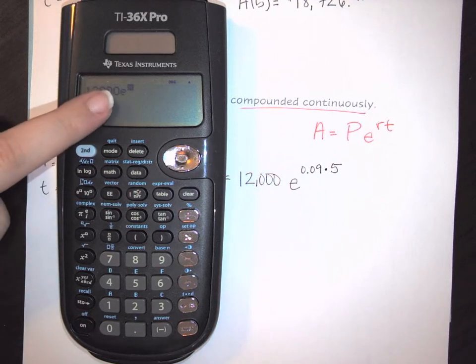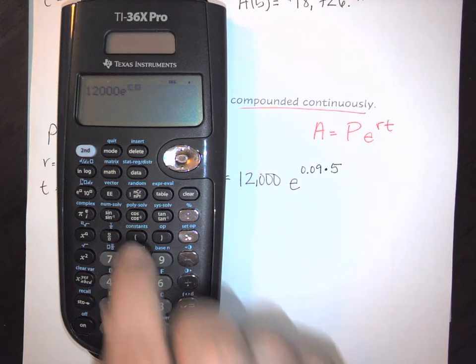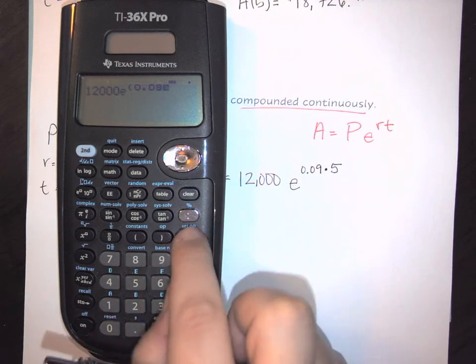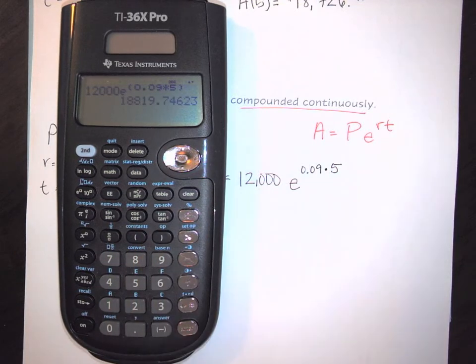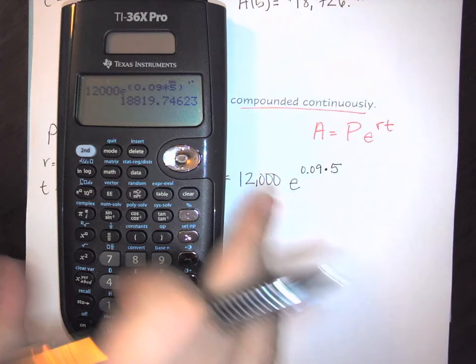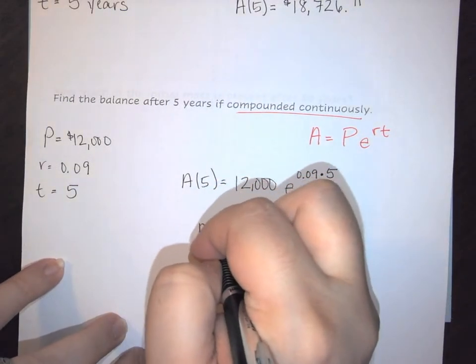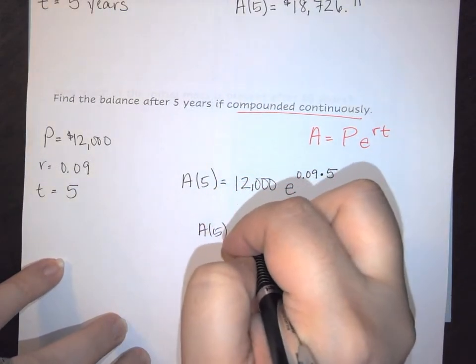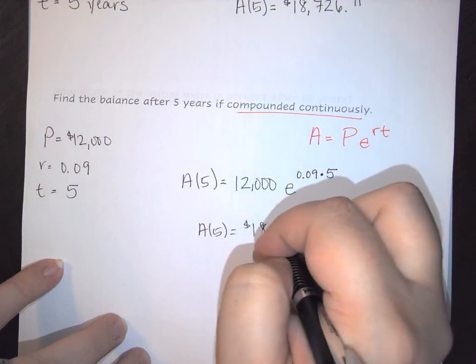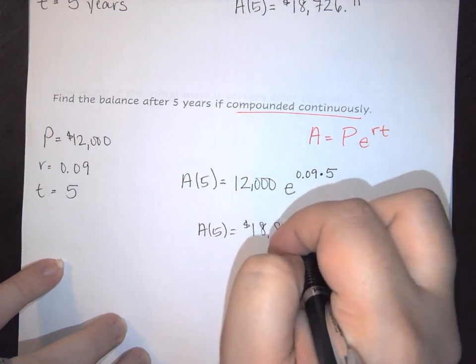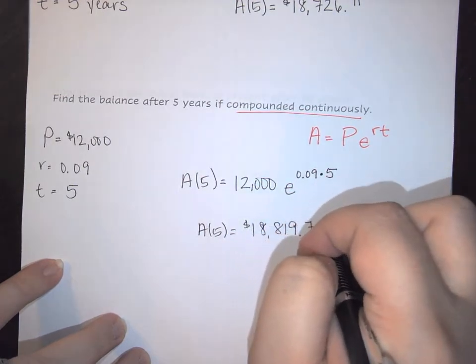So notice I have this e that shows up in my calculator, and then we're going to go 0.09 times 5 and hit enter. And so that's going to spit out our answer. And so what we have here is we have that A of 5 is equal to $18,819.75.